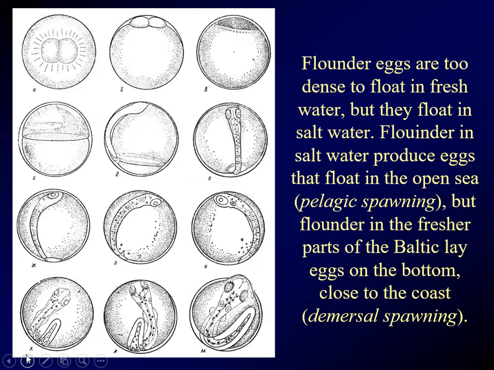so flounder in salt water produce eggs that float in the open ocean. And this, by the way, is called pelagic spawning. In the fresher parts of the Baltic, flounder lay eggs that stay on the bottom. That's called demersal spawning.